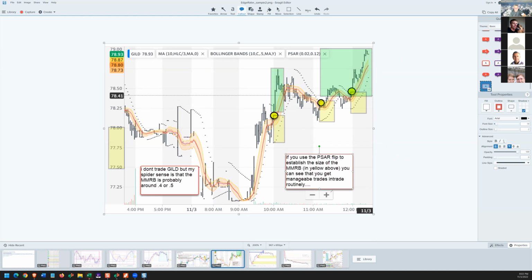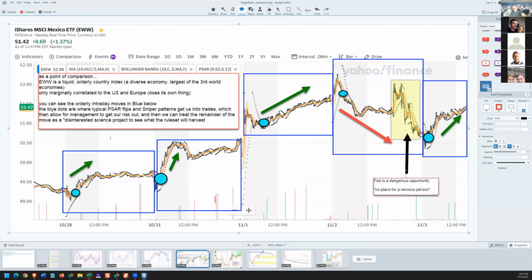I would like to have a boring, dull, liquid, smooth mover, like, for instance, Frog Champion EWW Mexico. So why do I like Mexico as a trading vehicle, you might ask? Well, because it's a Frog Champion, meaning that it has nice, orderly moves intraday. It's very liquid.